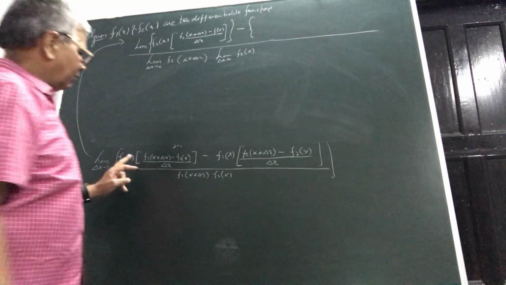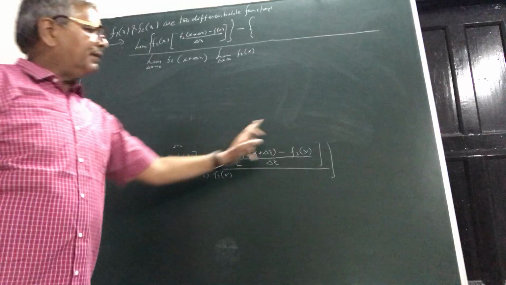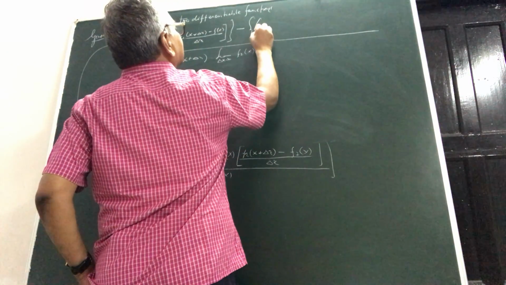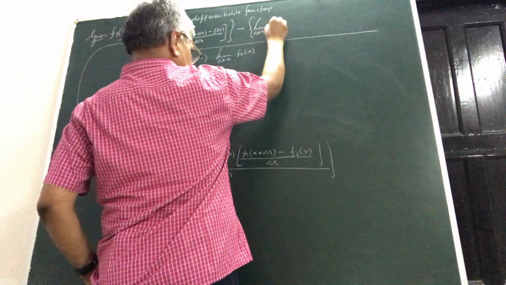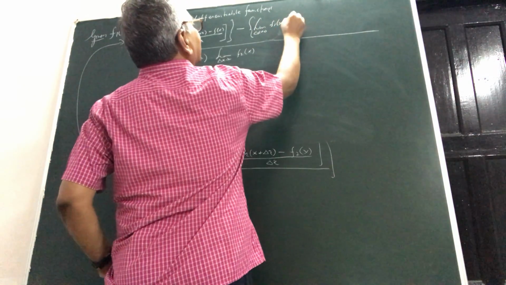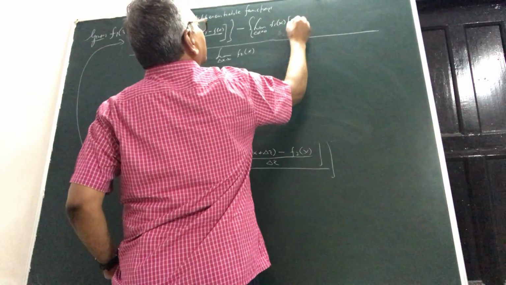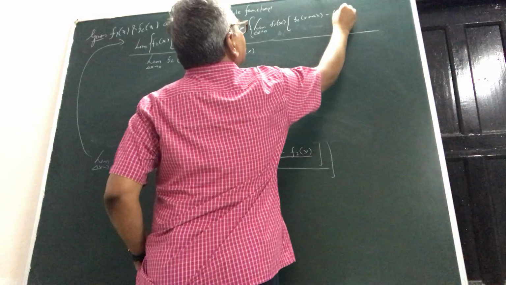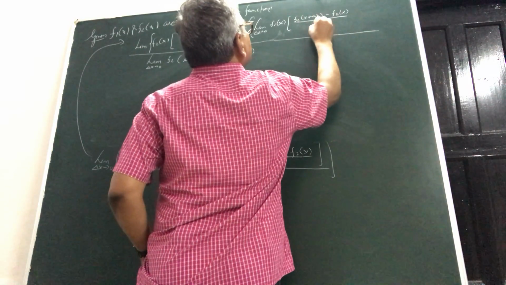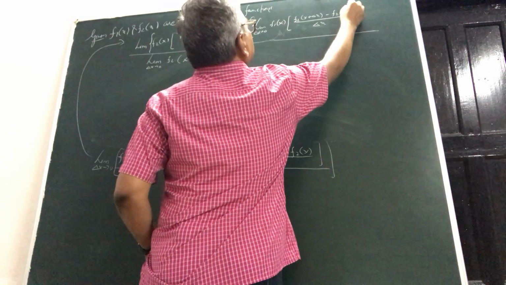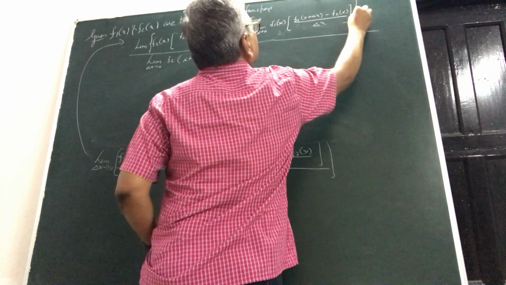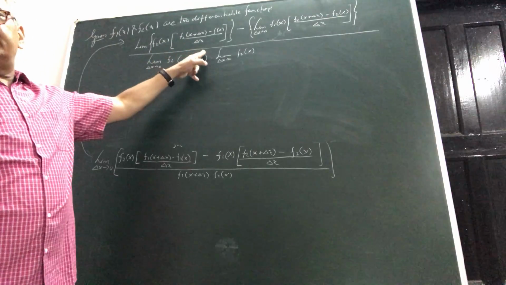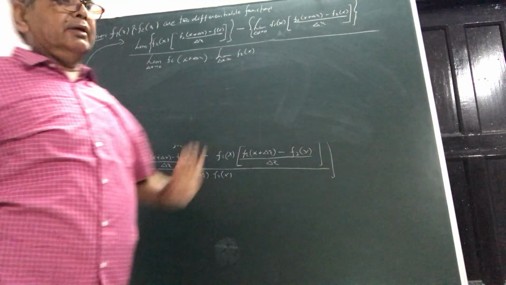And limit of numerator is what? Limit of this minus limit of this. So it is limit delta x tends to 0 f1x, and then within bracket f2 x plus delta x minus f2x upon delta x. Now this limit is the product of two functions. Likewise, this is the product of two functions.